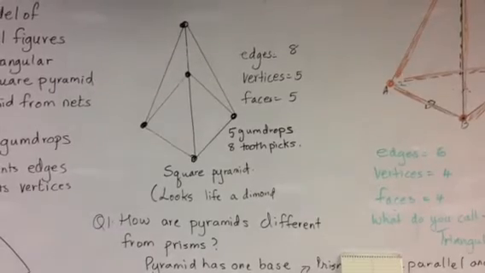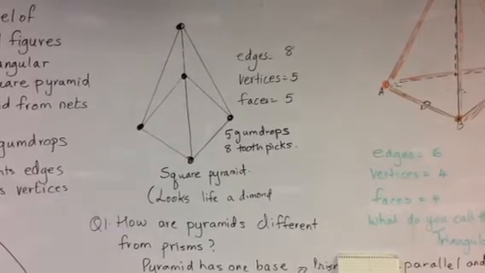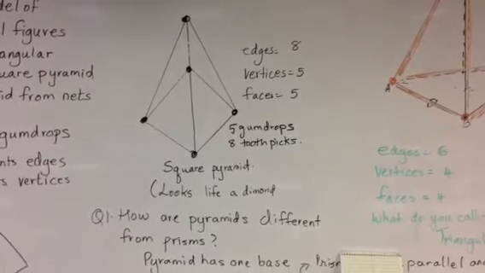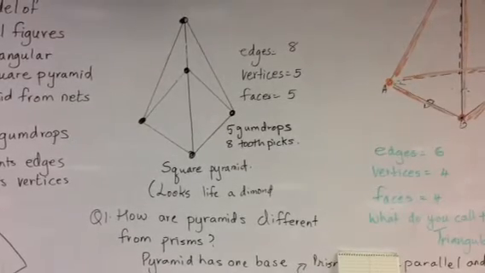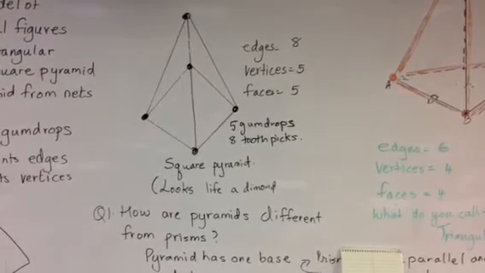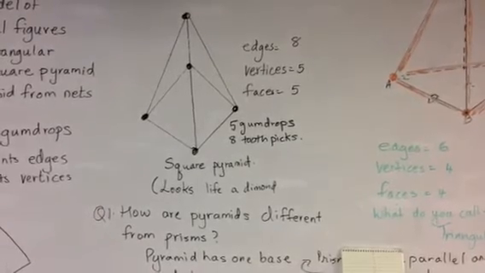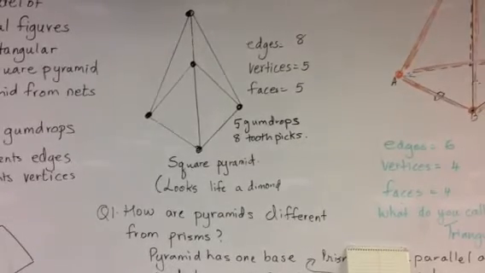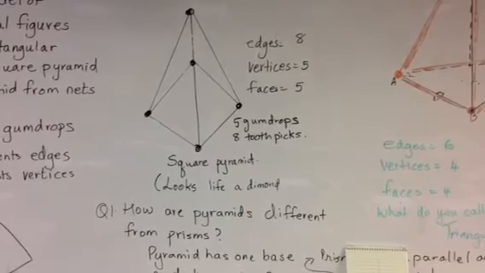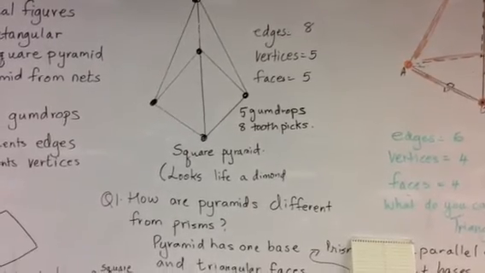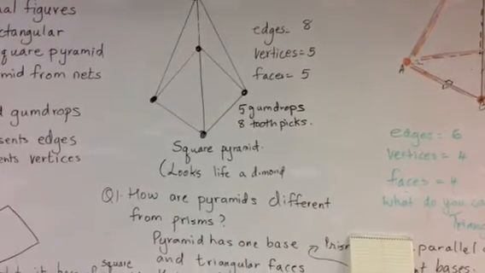So 1, 2, 3, 4, 5, 6, 7, 8. 8 toothpicks. You can use any kind of candy. I use gumdrops because they are circular and round, but you have to have the same kind of candy. And then with 8 toothpicks and 5 gumdrops, you get a square pyramid. Look, it looks like a diamond.